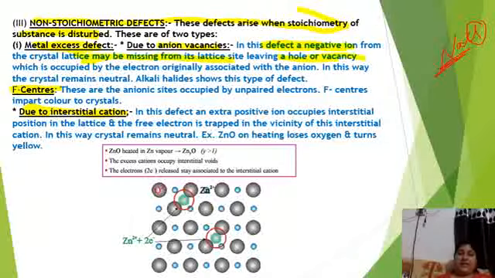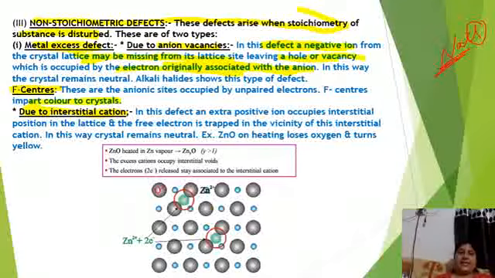To maintain the electrical neutrality, this vacancy is occupied by an electron. These F centers are responsible for giving color to a crystal. Okay. For example, in NaCl sodium chloride, the yellow color came. So this is responsible for giving color to the crystal.